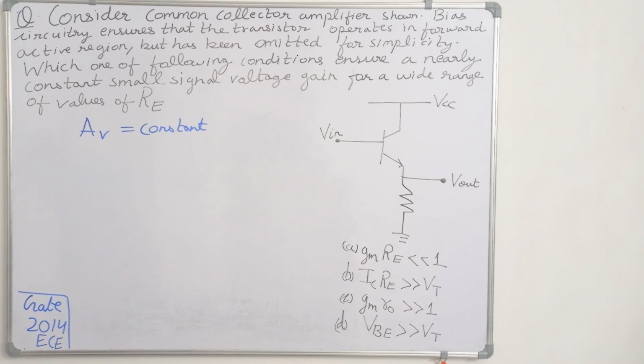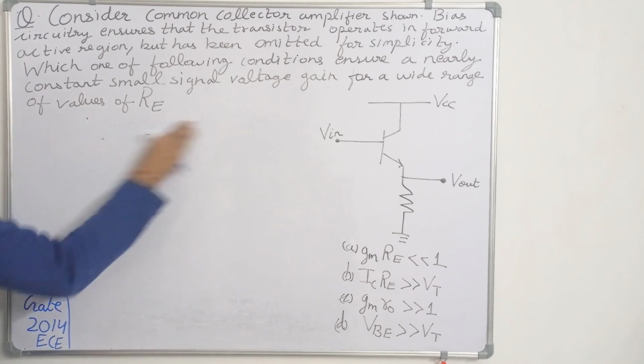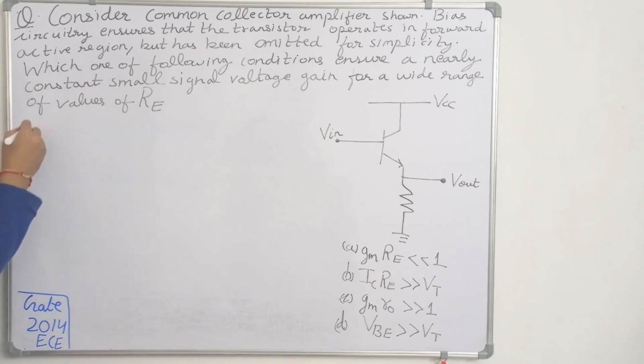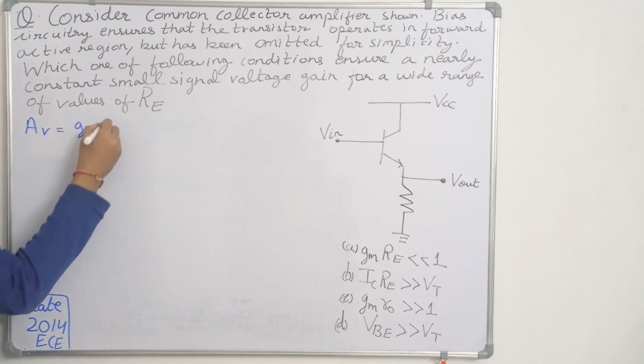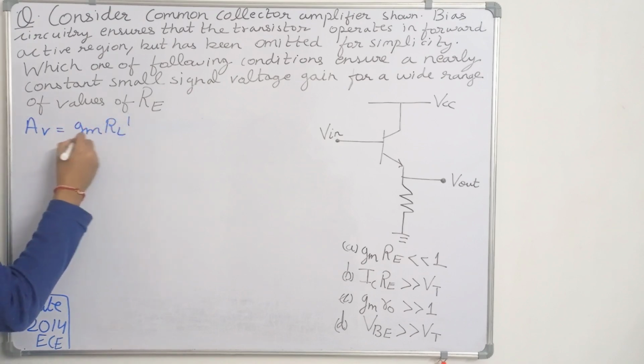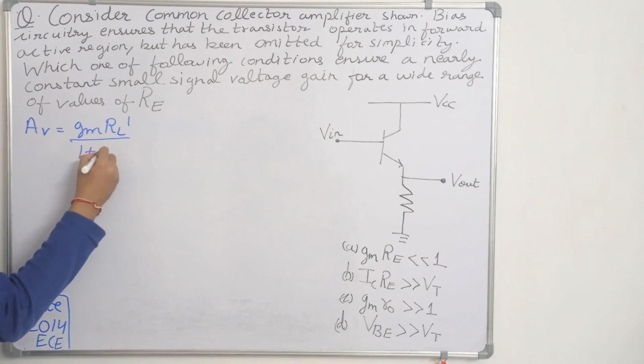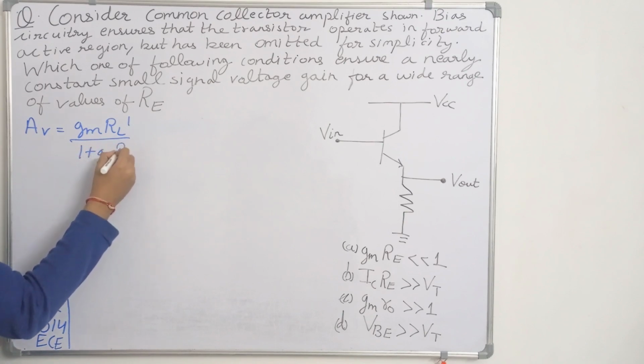And we know that the voltage gain for a common collector amplifier, AV, is given as gm RL dash upon 1 plus gm RL dash.